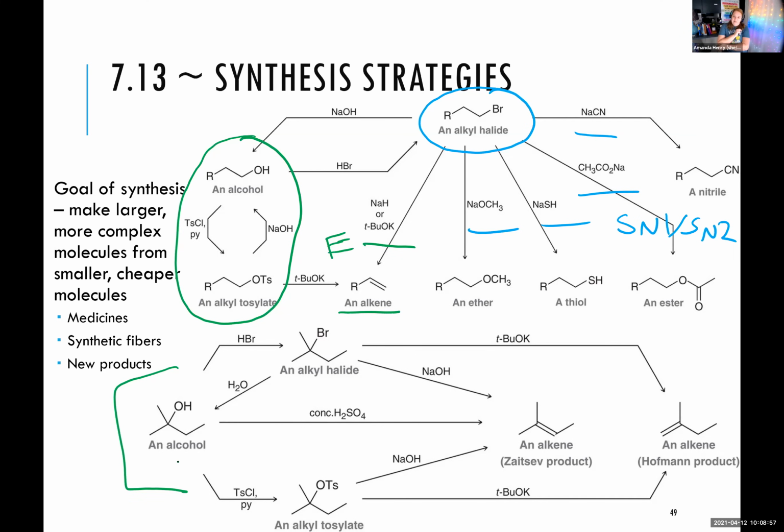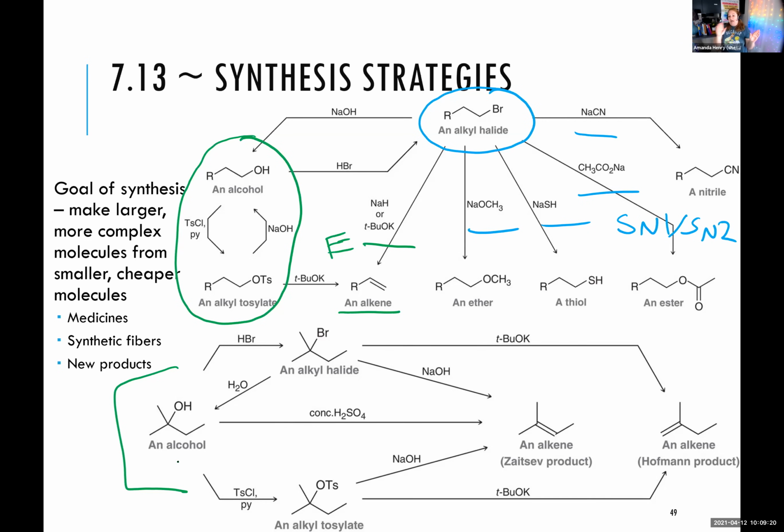When we get to the end of chapter 8, we're going to do something called a multi-step synthesis. And that's where we link together multiple reactions to make something bigger. Chapter 8 is all about alkene reactions. So we know how to turn an alkyl halide into an alkene. And then in chapter 8, we're going to learn how to turn that alkene into other things.